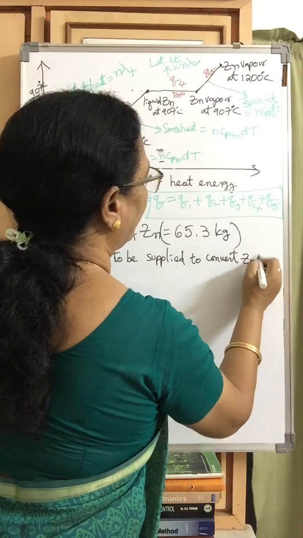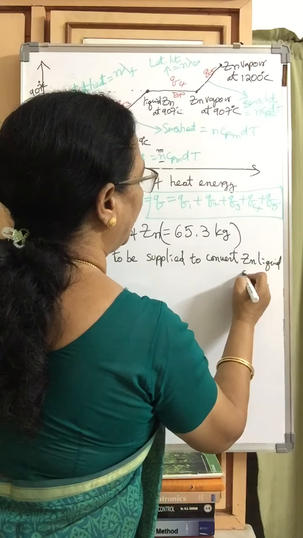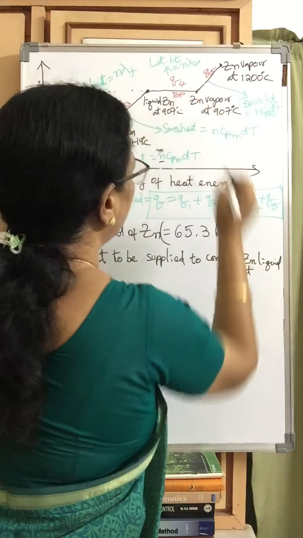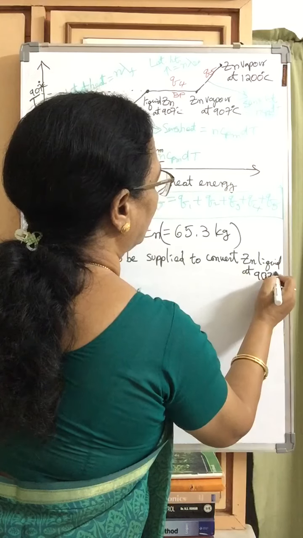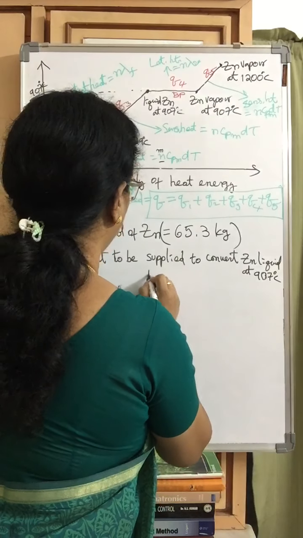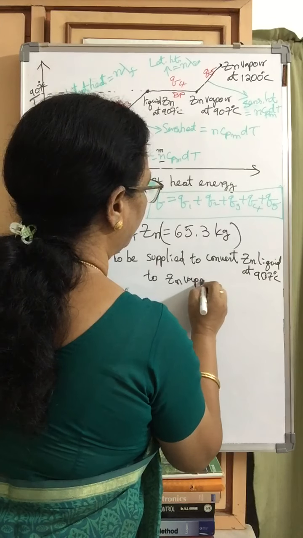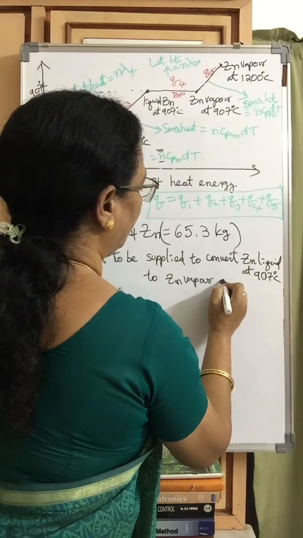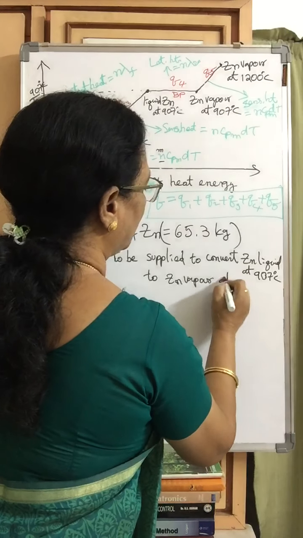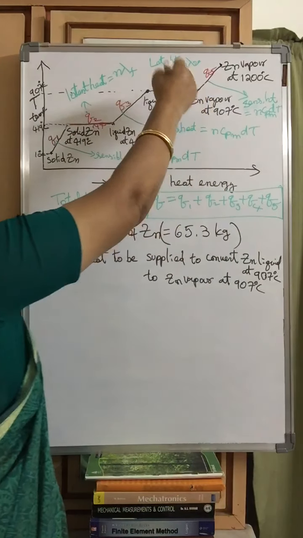Zinc liquid, at what temperature is it? 907. At 907 degrees centigrade to zinc vapor, again at 907 only you are getting. First you need to get at the same temperature, that is the latent heat of vaporization.